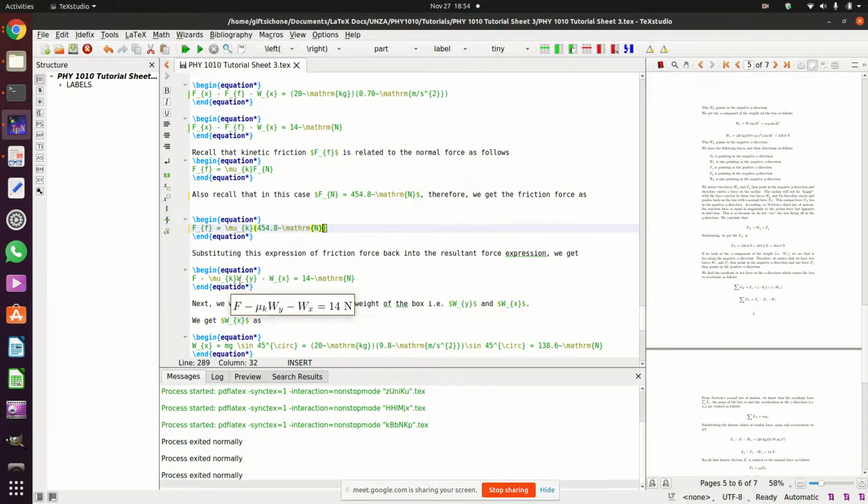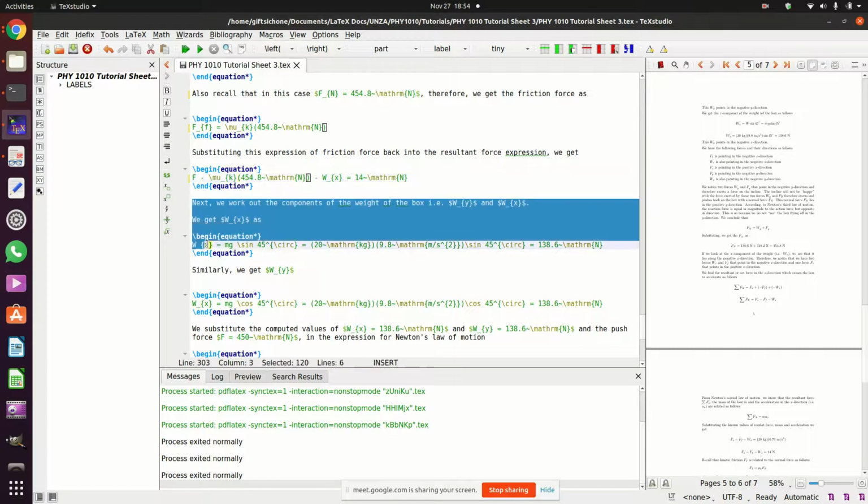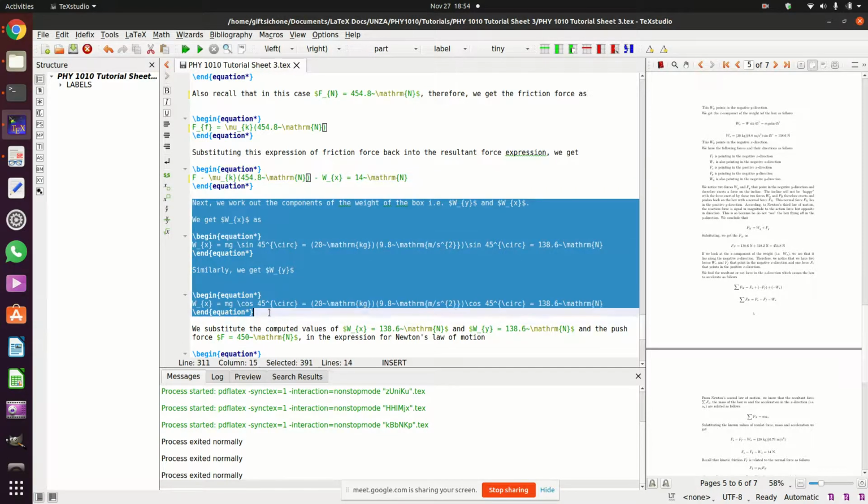Then we substitute this, which we have worked out already, so I delete this stuff.